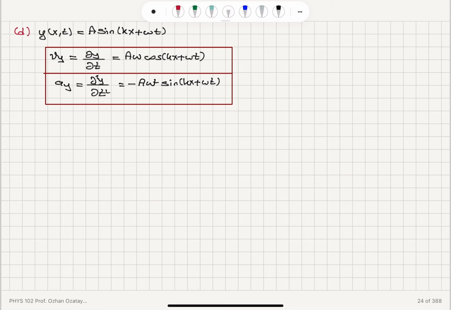So the wave propagation is also the simple harmonic motion of the string elements on which the mechanical wave is propagating, or the elements of the medium are moving in simple harmonic motion in order to have the propagation of the sinusoidal wave.